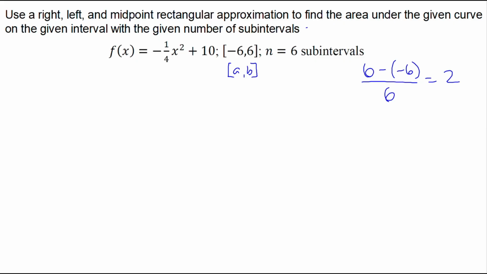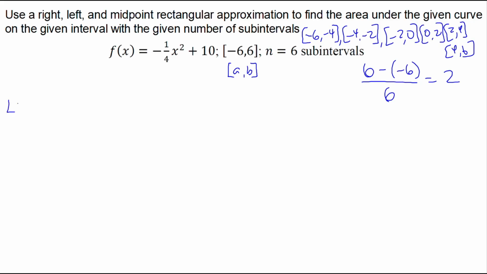So we're looking at from -6 to -4, and then -4 to -2, and then from -2 to 0, 0 to 2, 2 to 4, and 4 to 6 as our 6 different subintervals here. And so when we do our left approximation, this time it's going to be 2 times all of them because the length of the subintervals are each 2.